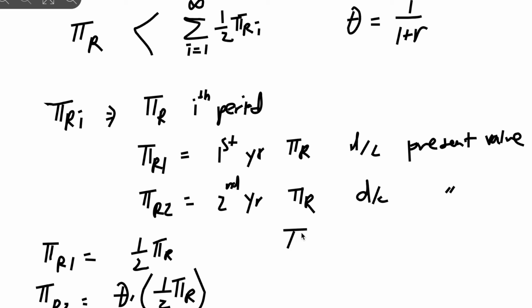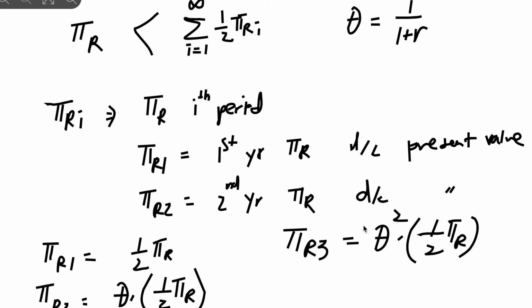So the profit of retailing at time 3, if we discount it to present value, they'll get half of the retailing profit also, but we have the square of theta put in front of this future value, right? And so for Rn, if it's the nth year, we're going to have theta to the power of n times half of the retailing profit.